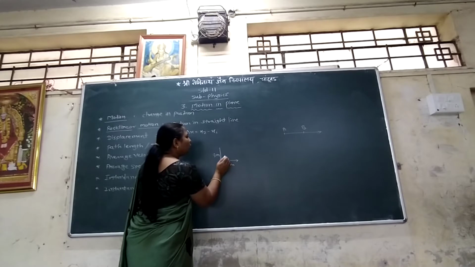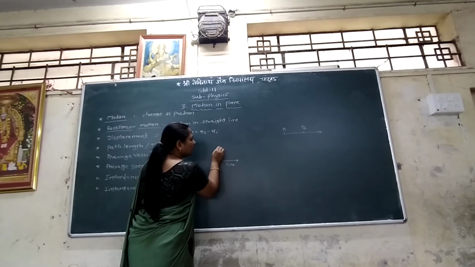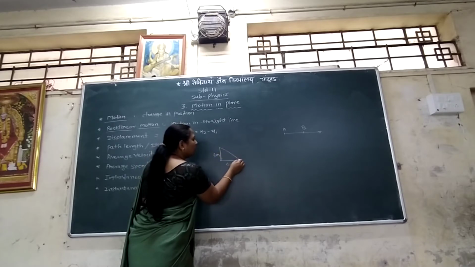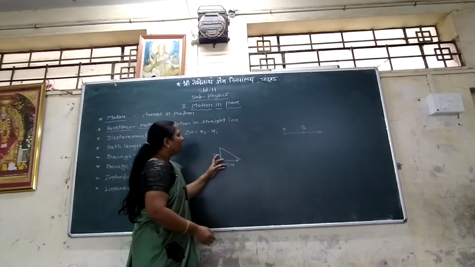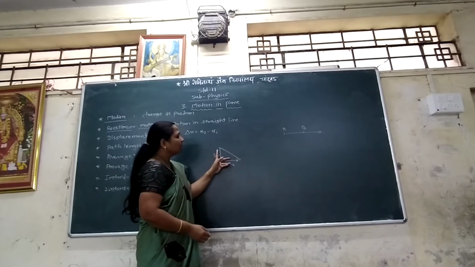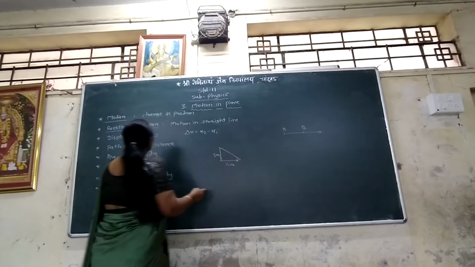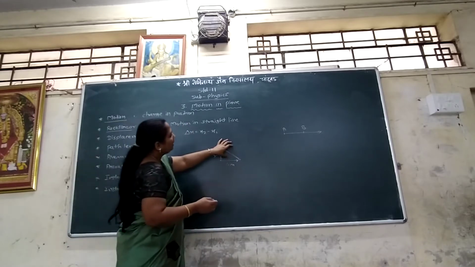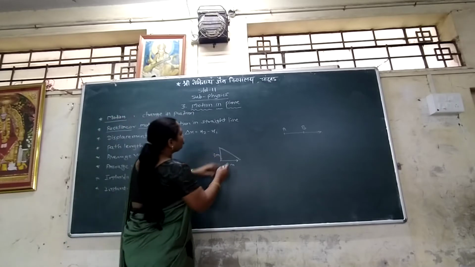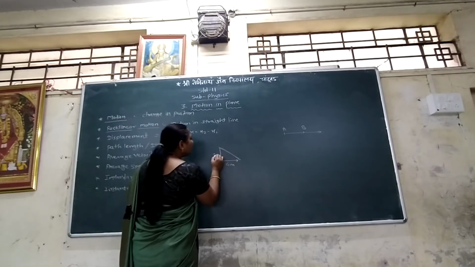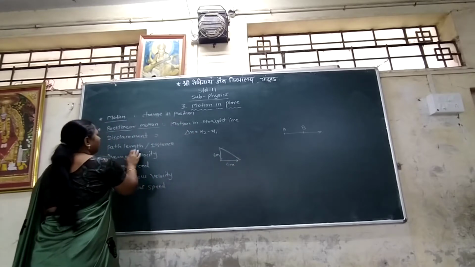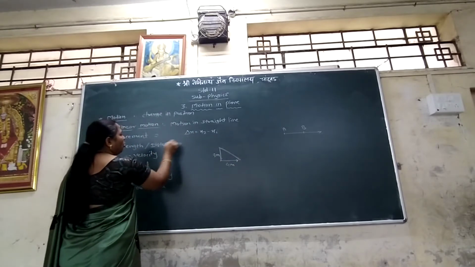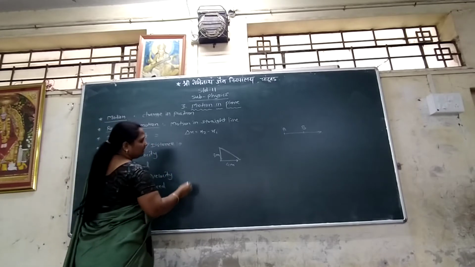The total actual path covered is 3 meter plus 4 meter. The actual minimum distance between start and end is known as displacement. The actual path covered by the object is known as distance.